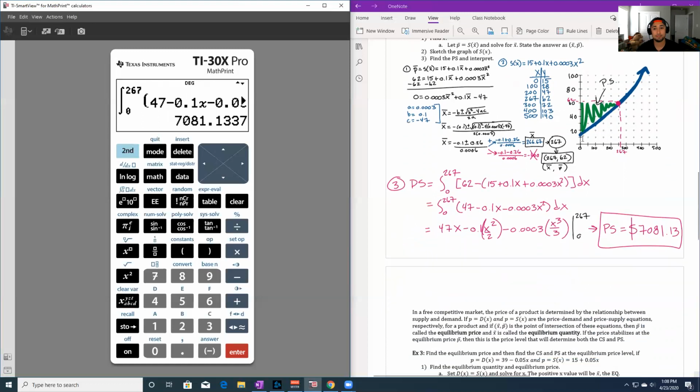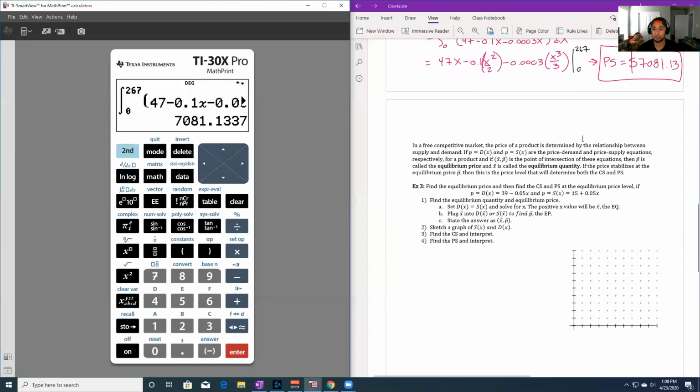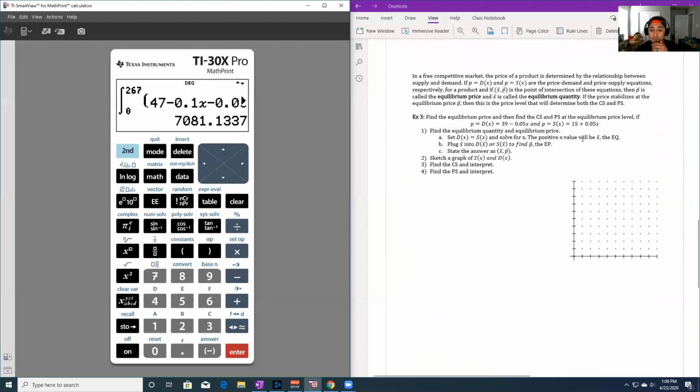Last one. All right. In a free competitive market, the price of a product is determined by the relationship between supply and demand.